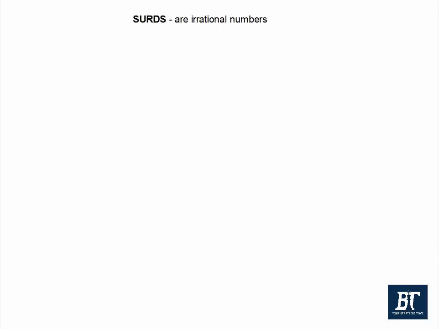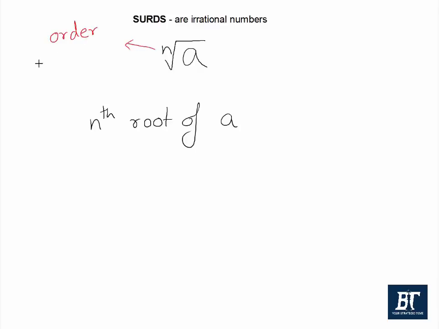Next is surds. Surds are irrational numbers of the form nth root of a, where n is called the order of the surd and a is called the radicand.